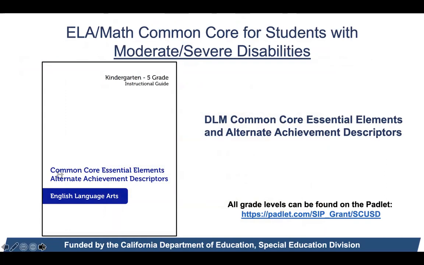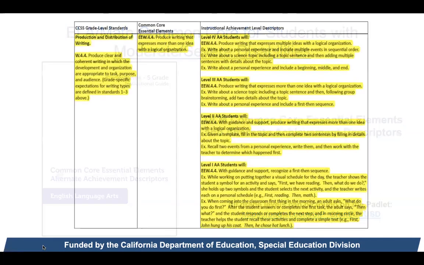How do we align our instruction? And from a special ed perspective, how do we align our goals and objectives to grade level standards? Well, this is one of the concrete ways that helps educators understand instructional strategies and goal development that are based on 4 levels of students with significant cognitive disabilities.